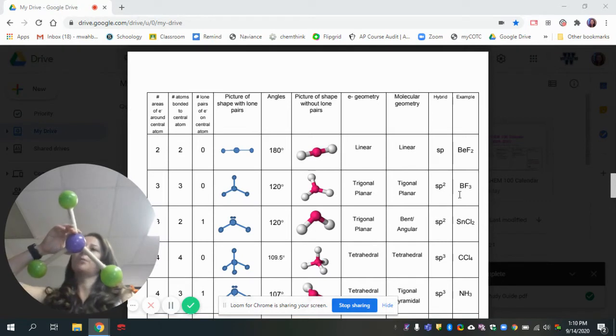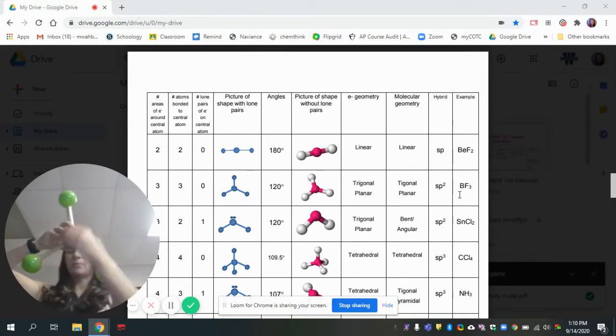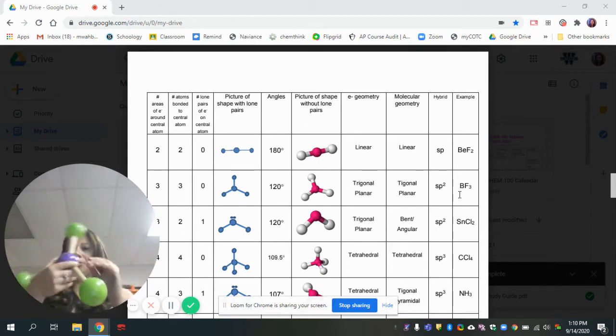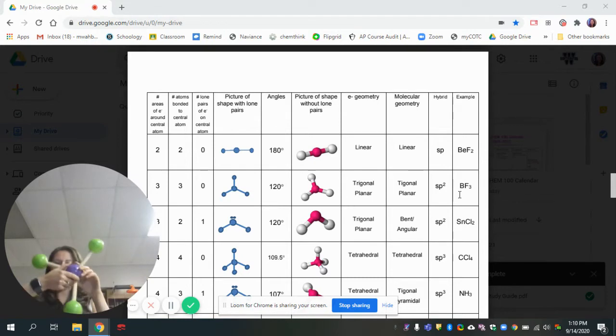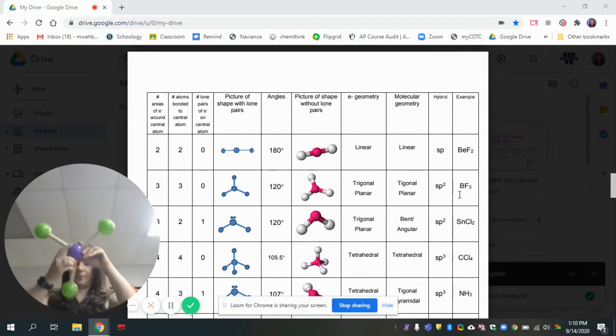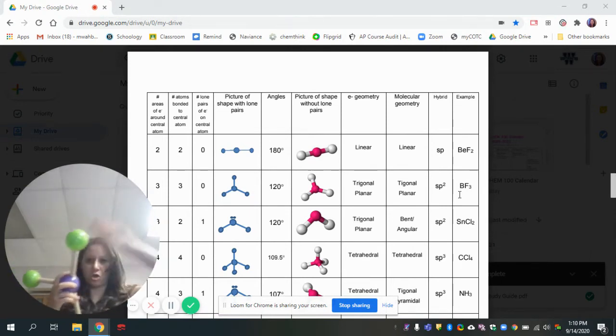And then if I look at the shape of my electrons, since they are 120 degrees apart, this is called trigonal planar. Trigonal because it's base 3, like a triangle. Planar because it's in one plane, right? It's more like a 2D shape as opposed to a 3D shape, kind of. It's all in one plane.